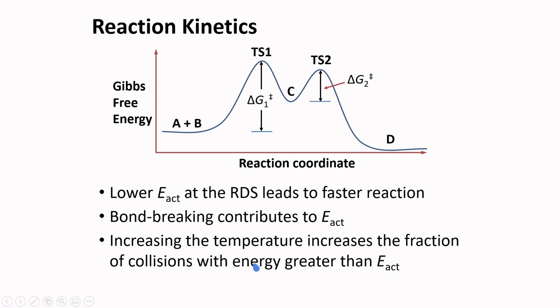So higher temperature will infuse more energy to A and B for them to collide properly and overcome the energy of activation. You often hear of catalysts. Catalysis offers a route that lowers the energy of activation and eventually increases the rate of reaction.